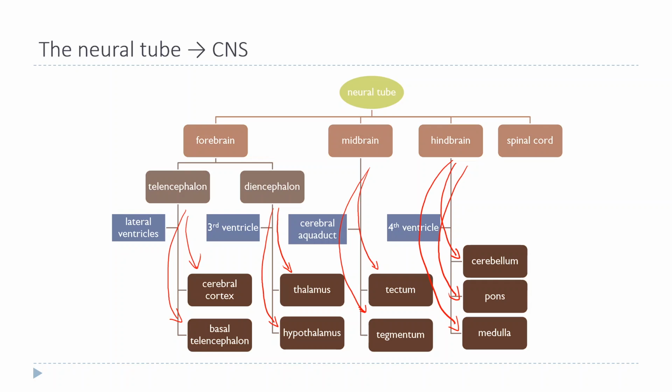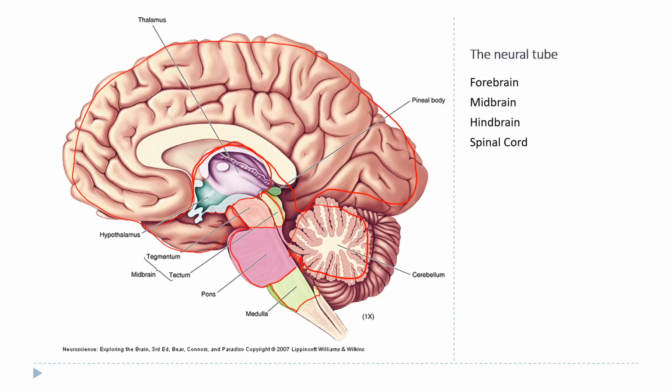The thalamus also, and the tectum, will come up a lot when we talk about the sensory systems. The basal telencephalon and the tegmentum, and then the cerebellum will also come up when we talk about the motor systems, and then the hypothalamus we'll talk about quite a bit when we get to the autonomic nervous system. So again, the important thing is to remember each of these major structures and what they develop from in the neural tube.